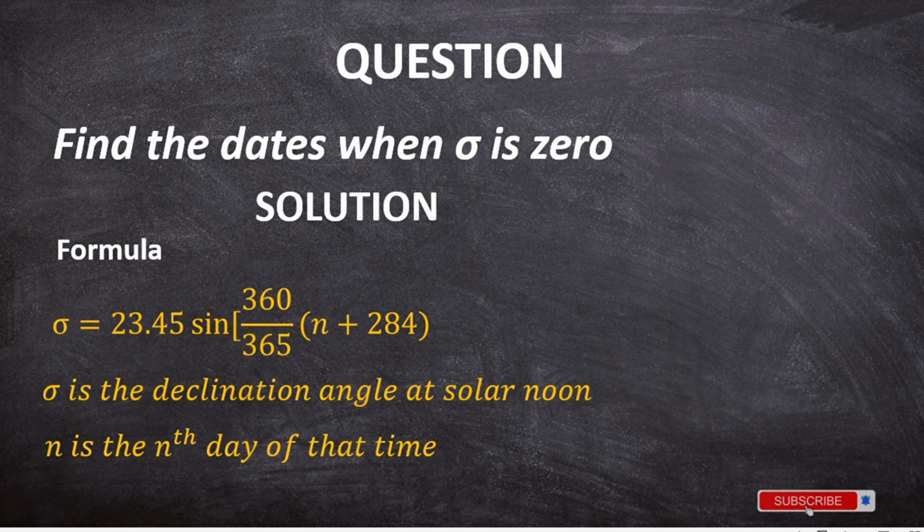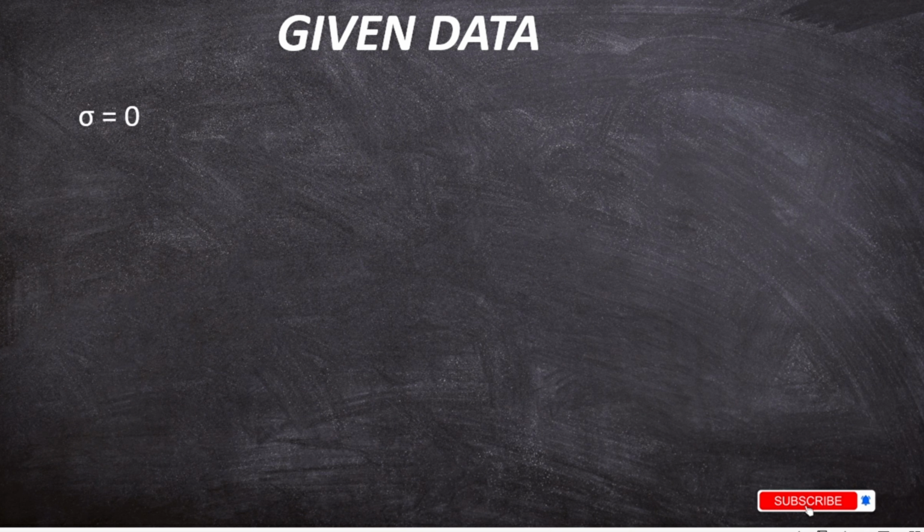Okay, moving on to our solution, we have to write what we have and figure out what we don't have. In this question we only have sigma equal to 0, and this is a condition.